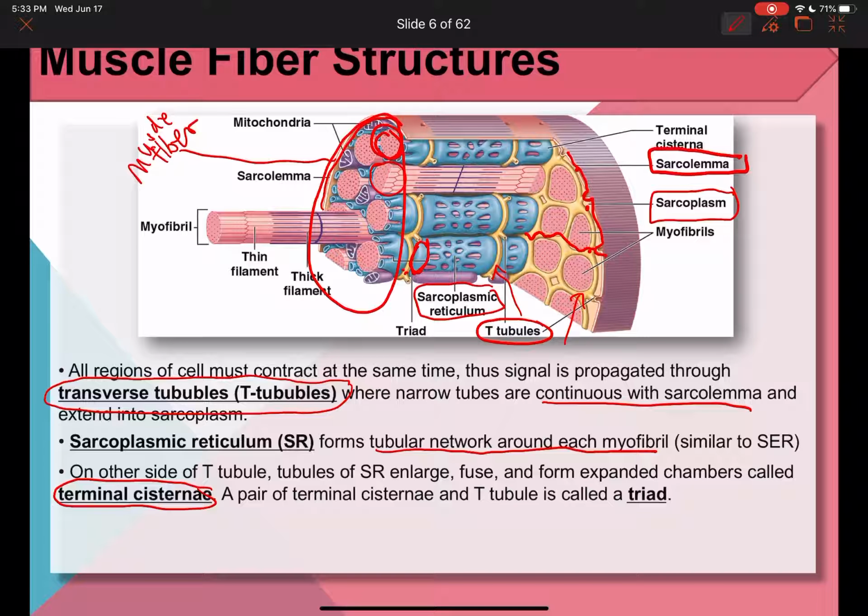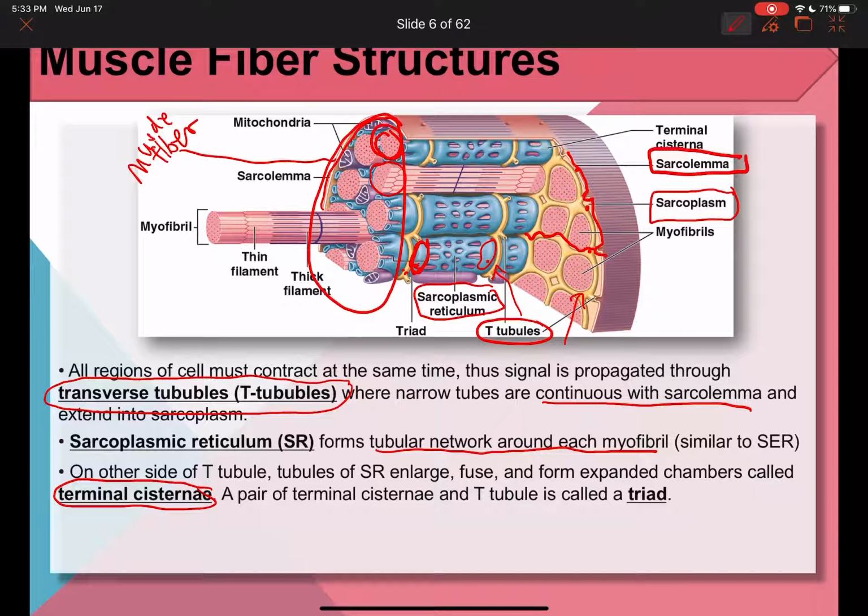It's part of the sarcoplasmic reticulum, but it's a specialized region at the ends, either this end or this end, and it's always close to the T-tubule, because the terminal cisternae is what's going to be receiving that electronic signal coming from your T-tubule to release calcium ions.